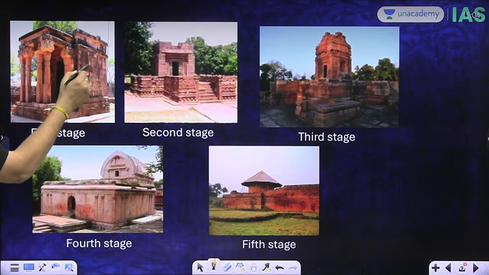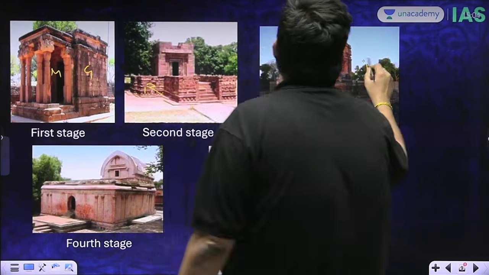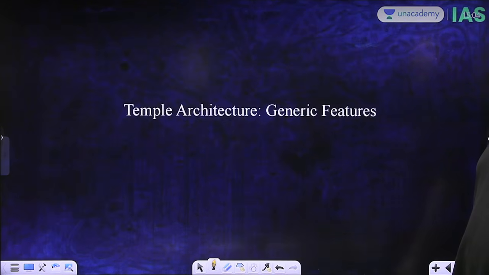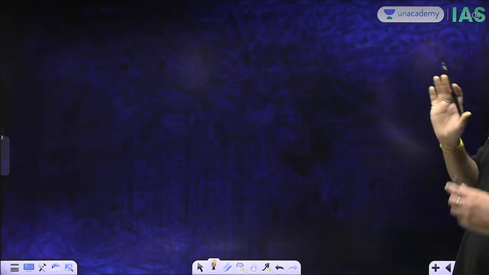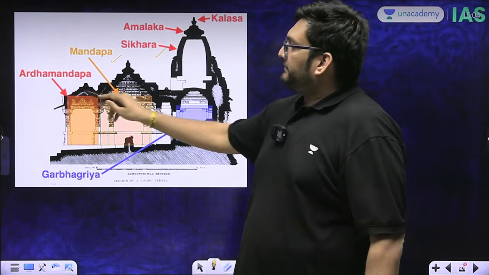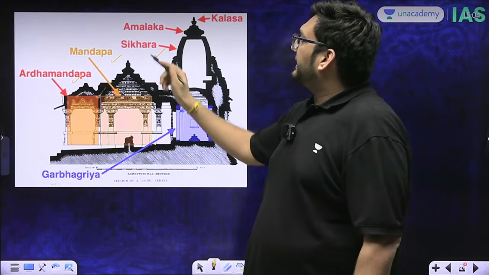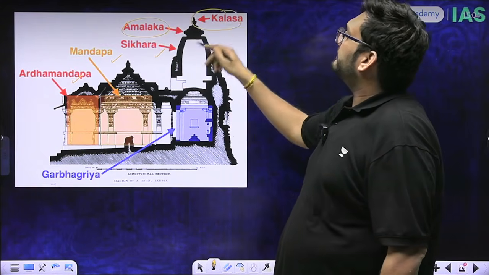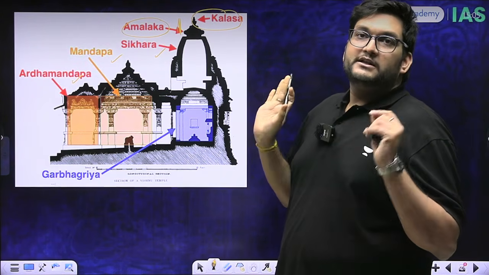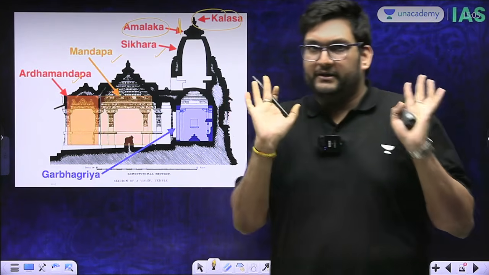From Garbhagriha Mandap to raised platform, to Shikhar, to Panchayatana, to rectangular, to circular, we get the generic features of a temple, which is Shikhar, Mandap, Ardha Mandap, evolution of the Mandap itself, the entry, and thereafter Amalaka Kalash will later come and top the Shikhar itself with the Garbhagriha. These are the generic designs, the generic concept of temple architecture.